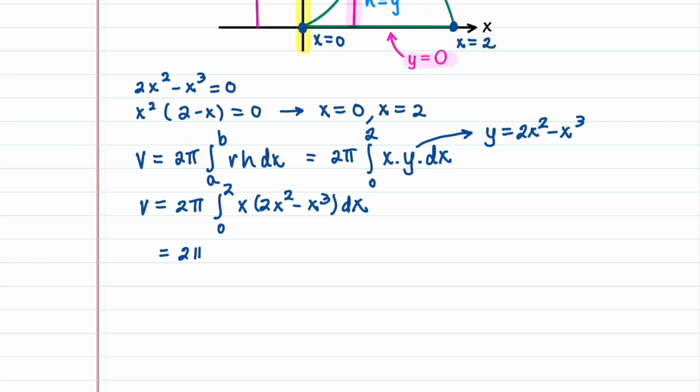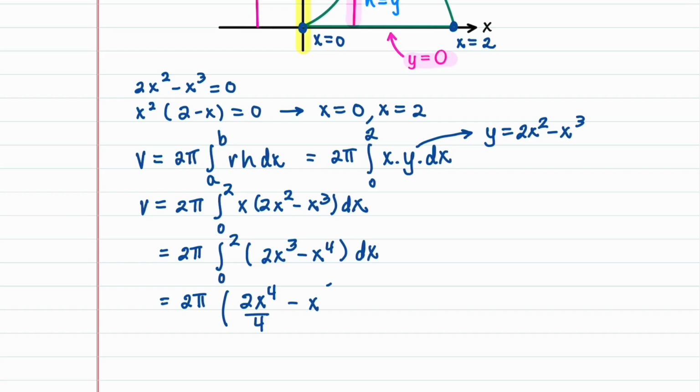Before we integrate this, let's simplify what we're going to be integrating. This is 2x cubed minus x to the fourth times dx. Now we can go ahead and integrate this. The integral of 2x cubed is 2x to the fourth over 4. And then we subtract off x to the fifth over 5.